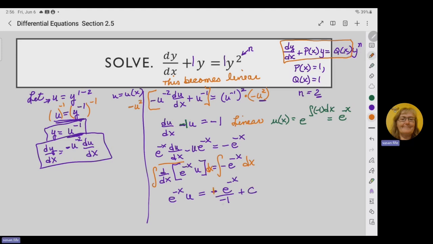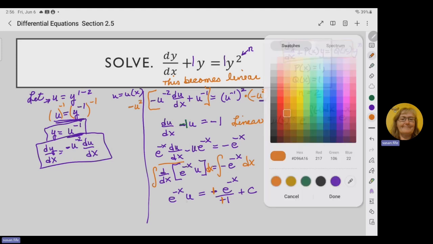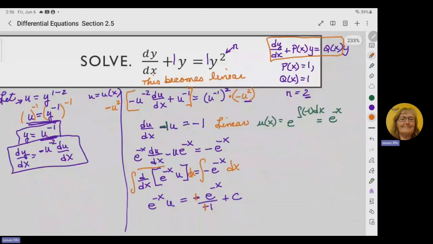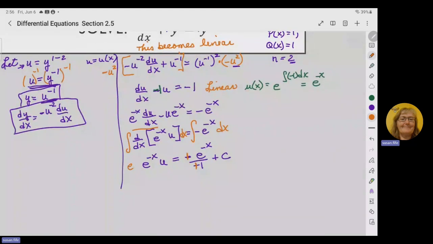So those negatives will cancel. And I'll solve for u by multiplying both sides by e to the x. That'll give me my u by itself.